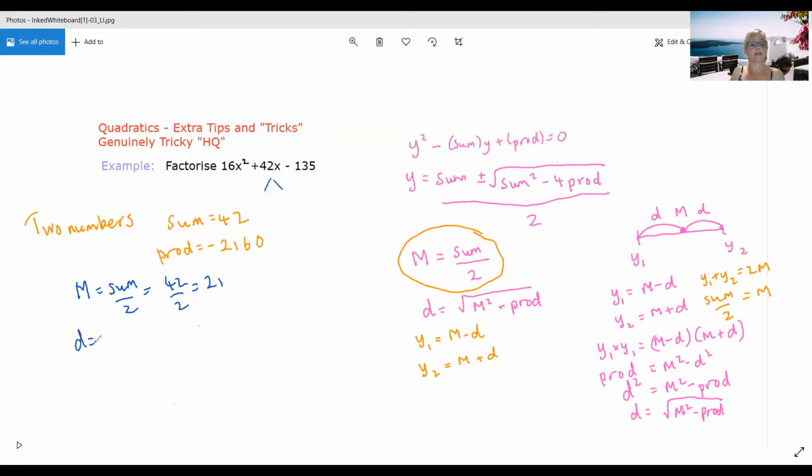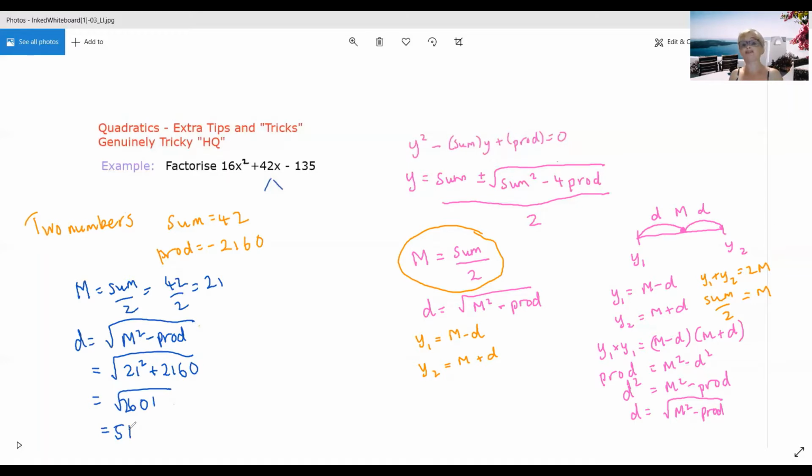Our d is the square root of m squared minus the product. We've already worked out our m, so the square root of 21 squared minus negative 2,160, so we're adding 2,160. That's the square root of 2,601, which is 51.